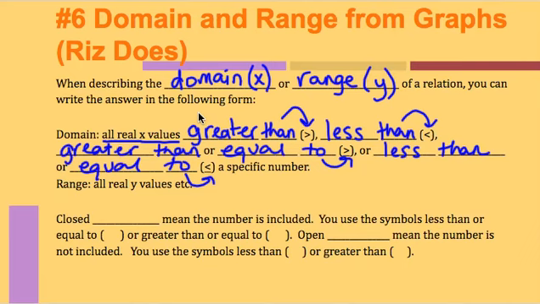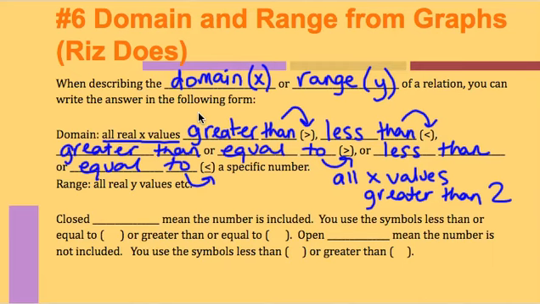Okay, so maybe I could say all x values greater than 2. So that means 2.5 works, 3 works, 100 works, because all of those values are greater than positive 2.